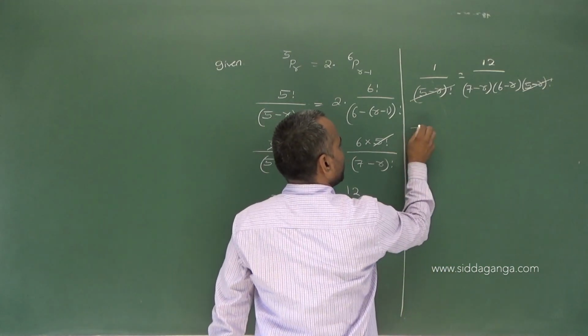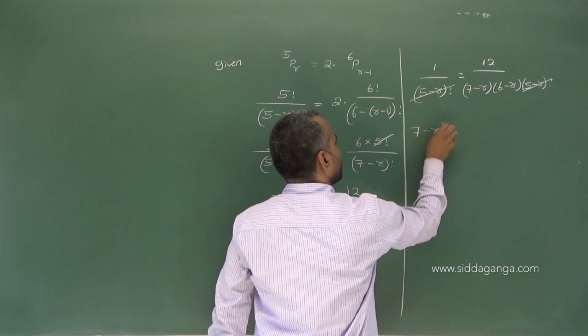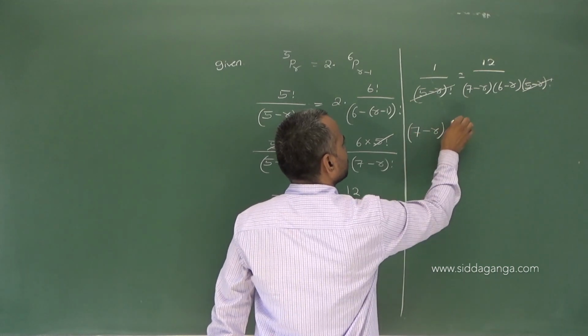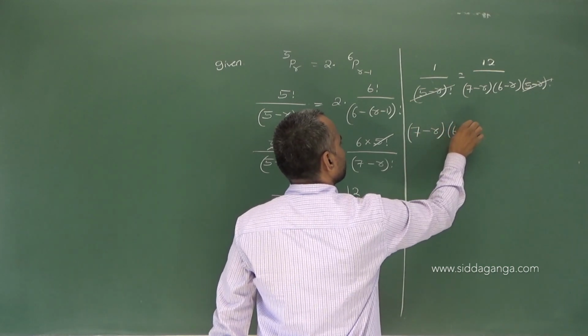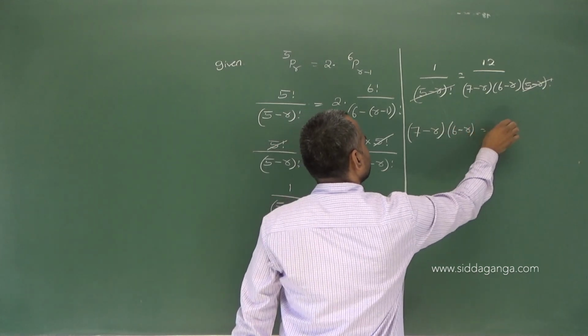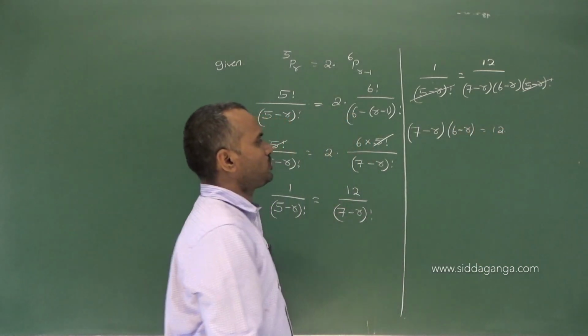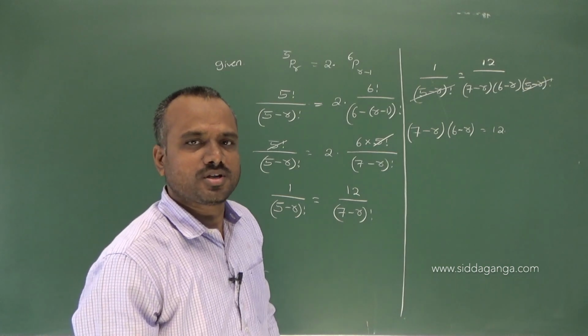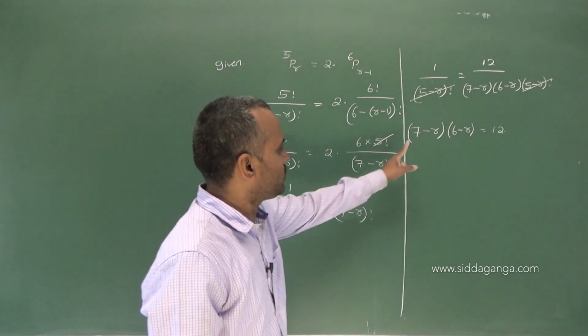On cross multiplying, (7-r)(6-r) is equal to 12.